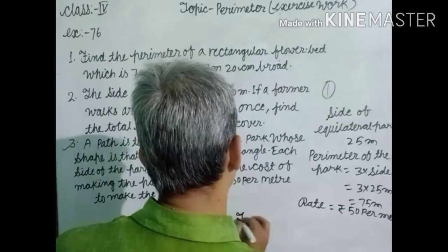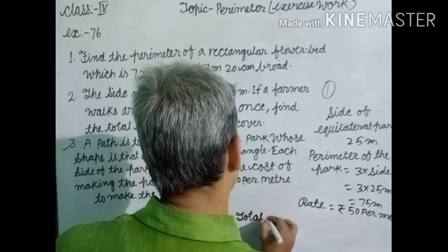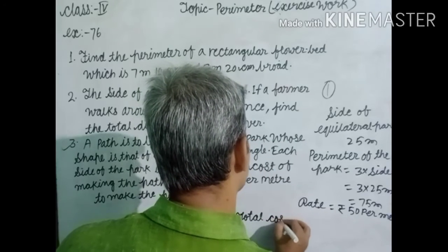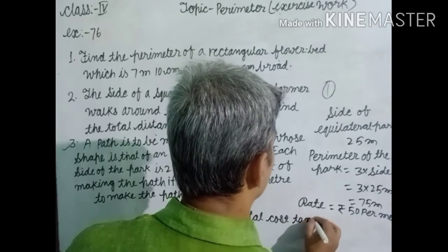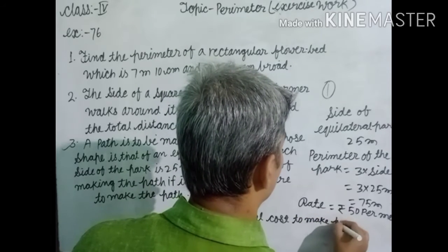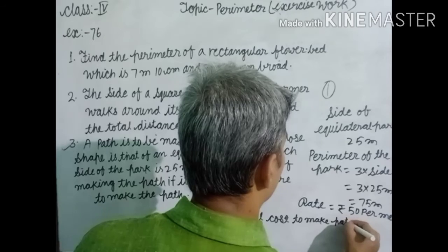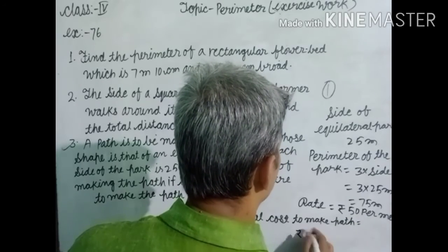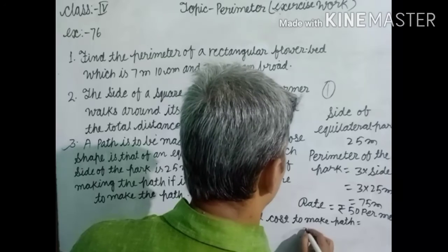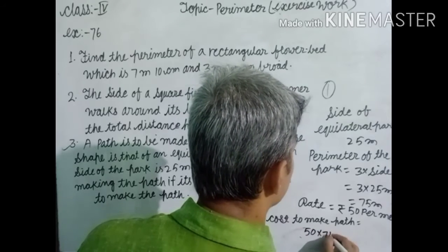Total cost to make the path is equal to 50 multiply 75.